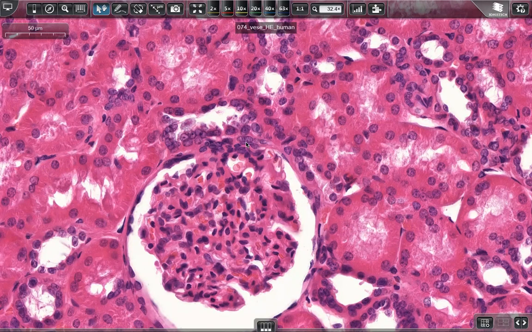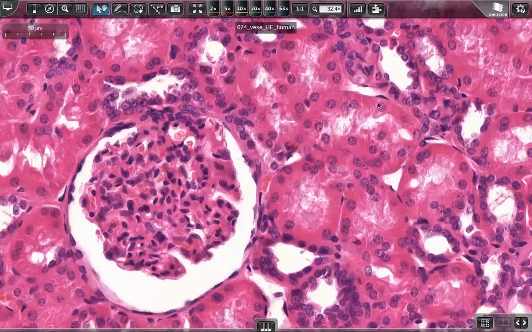And just looking at this view, we can see numerous lumens of the tubular system, and they are lined by simple cuboidal epithelium. But in the proximal tubules, we can find microvilli, a mass of microvilli.